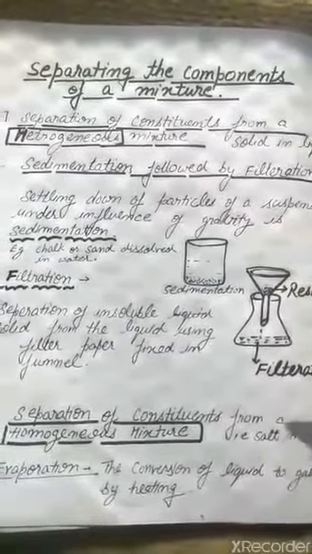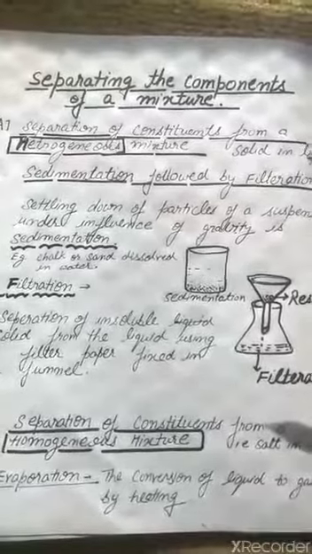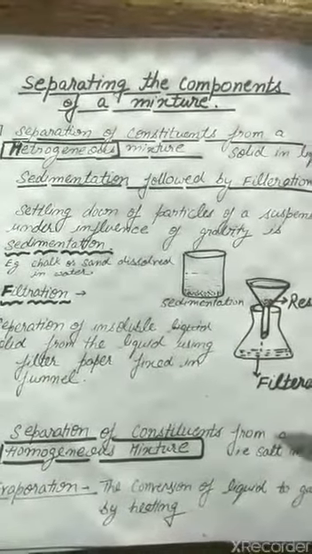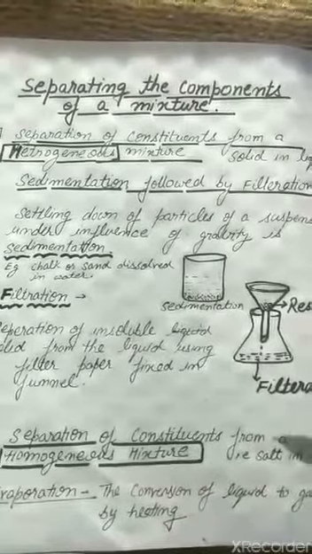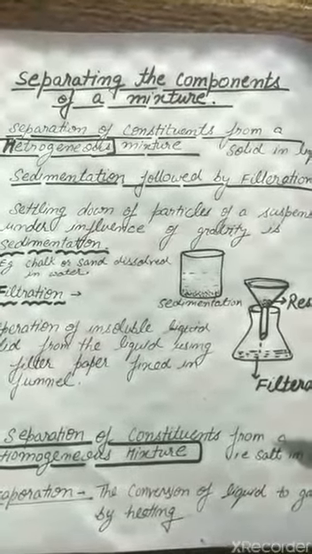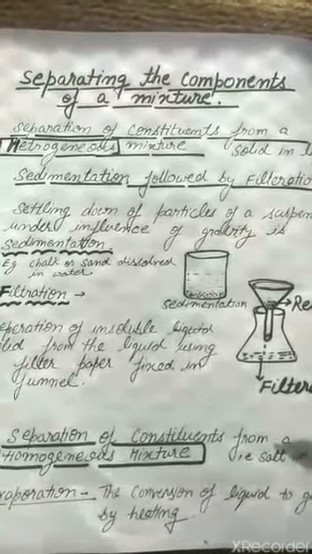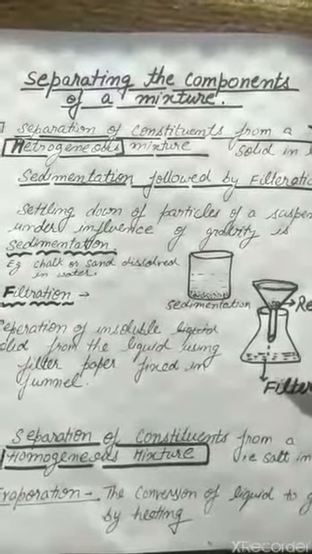First and the very easiest way is to separate a heterogeneous mixture, which is specially used to separate heterogeneous mixtures. Heterogeneous mixtures means in which particles are not uniformly distributed and can be seen separately.